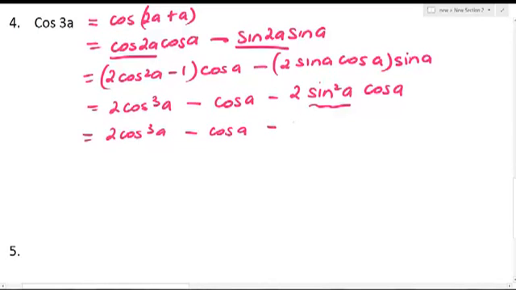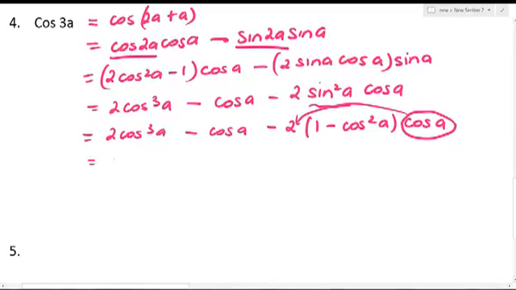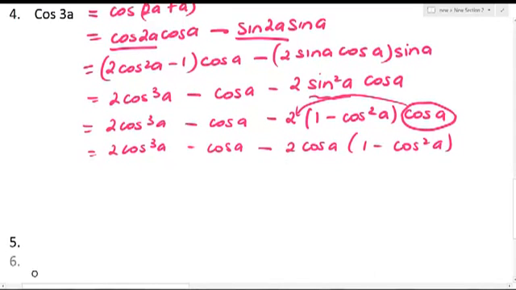Now it's going to be changed, so 2 remains the same, but sine squared a is going to be changed into 1 minus cos squared a, times cos a. So this is not very neat. We want to make it neater, so I'm going to move cos a to here. So 2 cos cubed a minus cos a minus 2 cos a, brackets, 1 minus cos squared a.